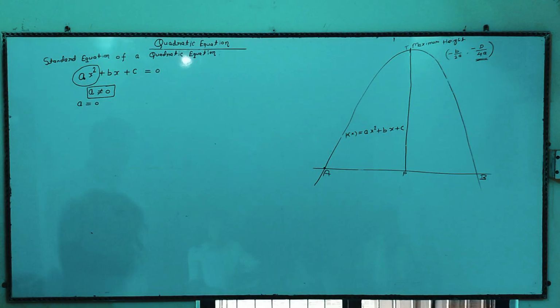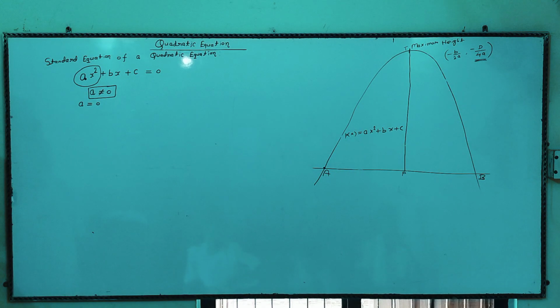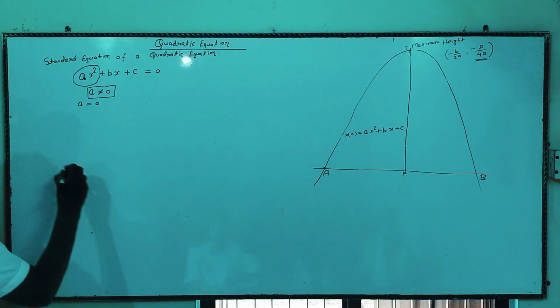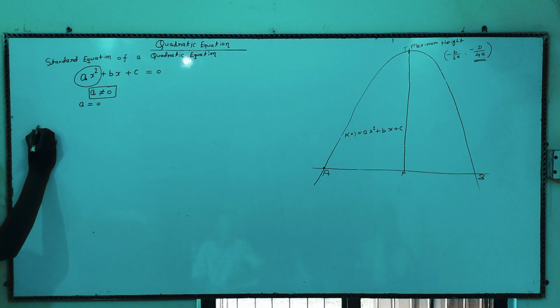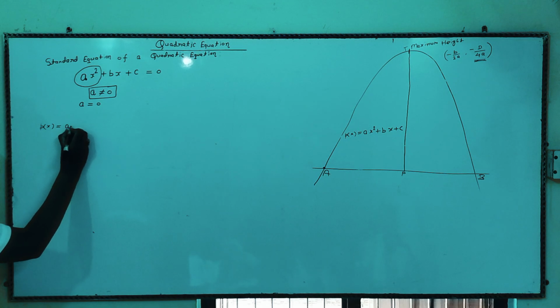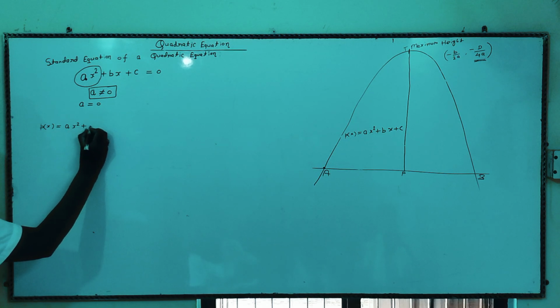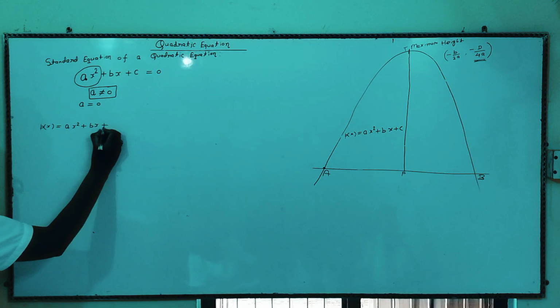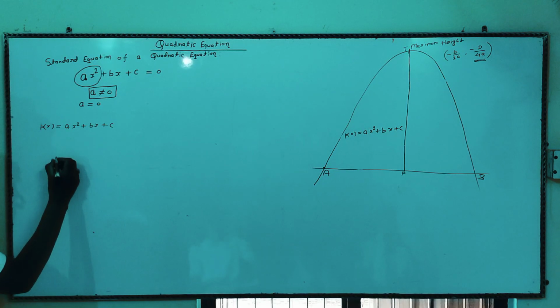What is the thing I am telling you? The thing is this, that there will be two types of graph of any quadratic equation. Suppose this is our quadratic equation, p(x) is equal to ax square plus bx plus c. So there will be two types of graph.